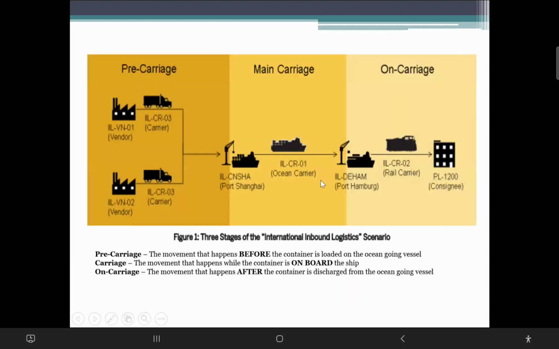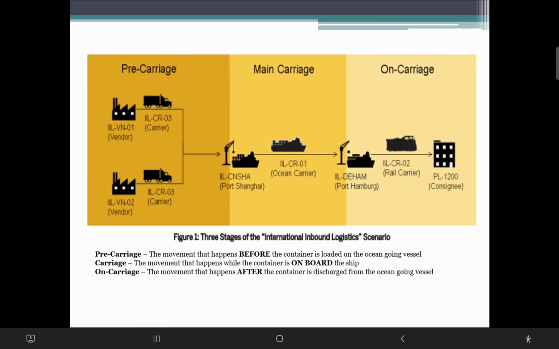Now this is also a little important. You must have come across, in transport documents, pre-carriage, main carriage and on carriage. From the illustration you can understand all the activities that take place from the place of the shipper or exporter until the port of loading.